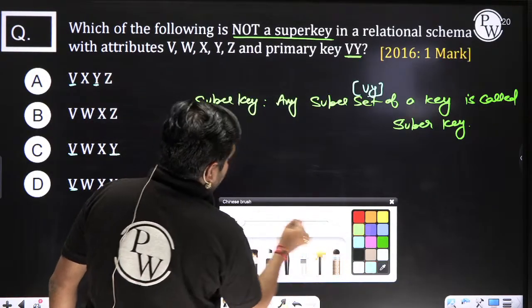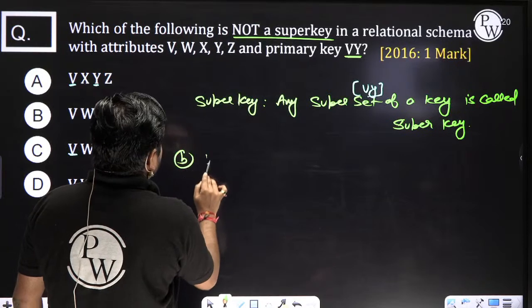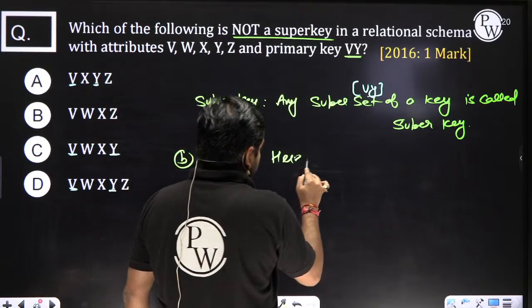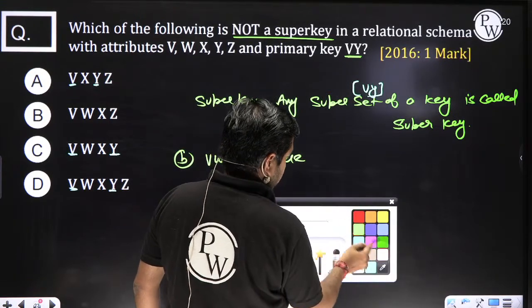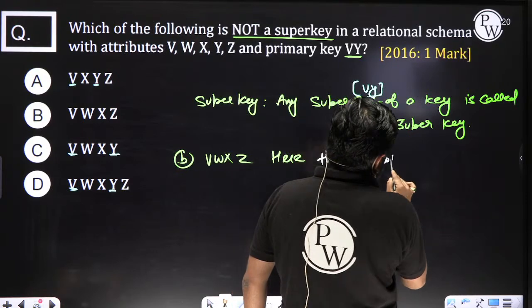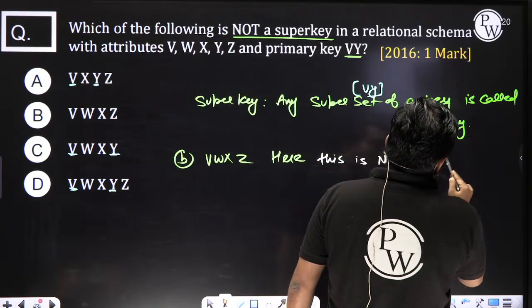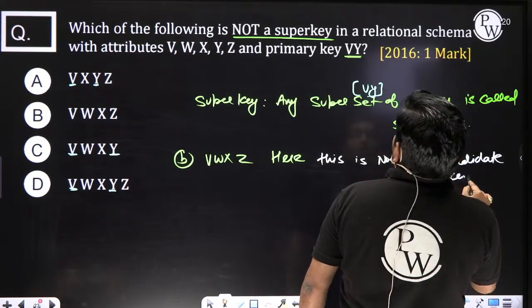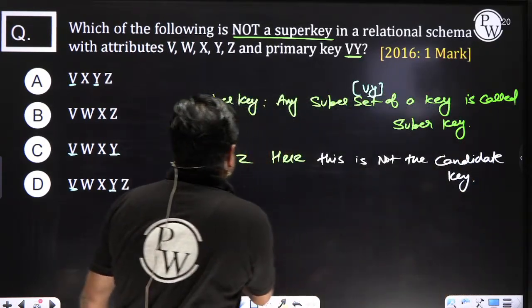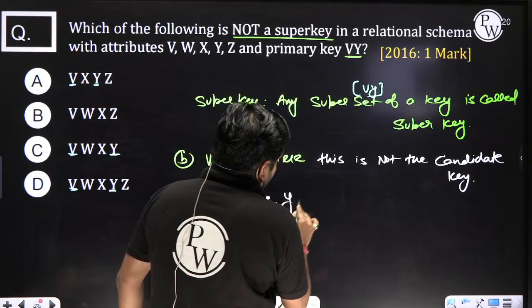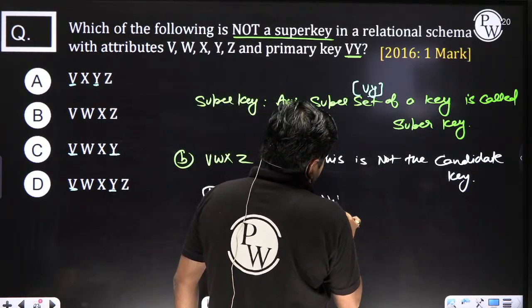What is happening, my dear, in option B? WX. This is not the candidate key, because Y is not present.